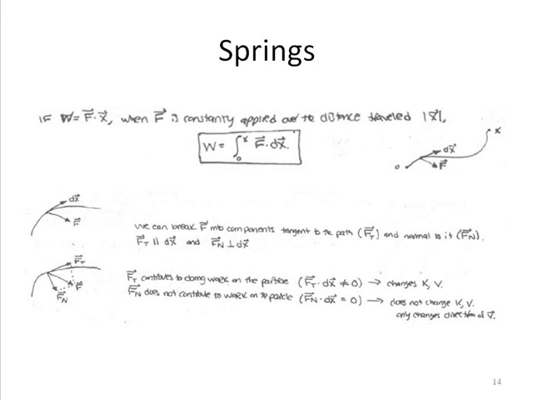Now force, being a vector, we can resolve into components. We can resolve into x and y components, or, what's more convenient here, we can resolve it into normal and tangential components. The normal component is at right angles to the direction of motion. Since it's at right angles to the direction of motion, Fn dot dx is 0.